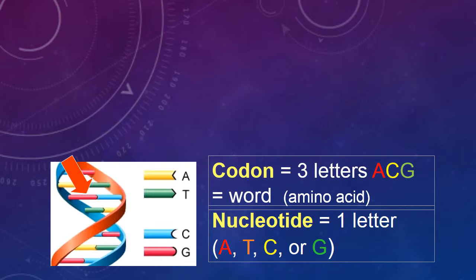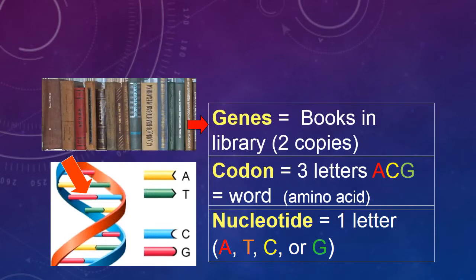And that'll eventually code for amino acid. We'll explain that later. Okay, so 3 letters equal a word. Then we have genes, and think of genes as like books in a library. And in a human, you get 1 copy of your genes from your mother and the other from your father.